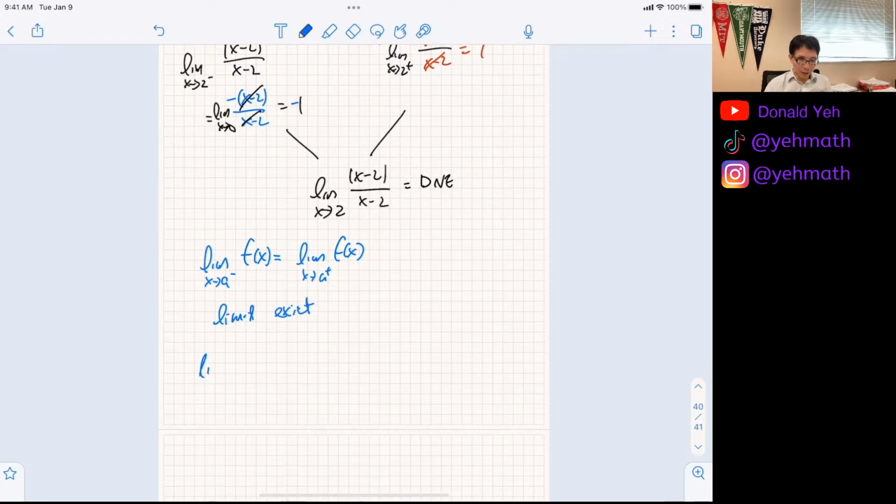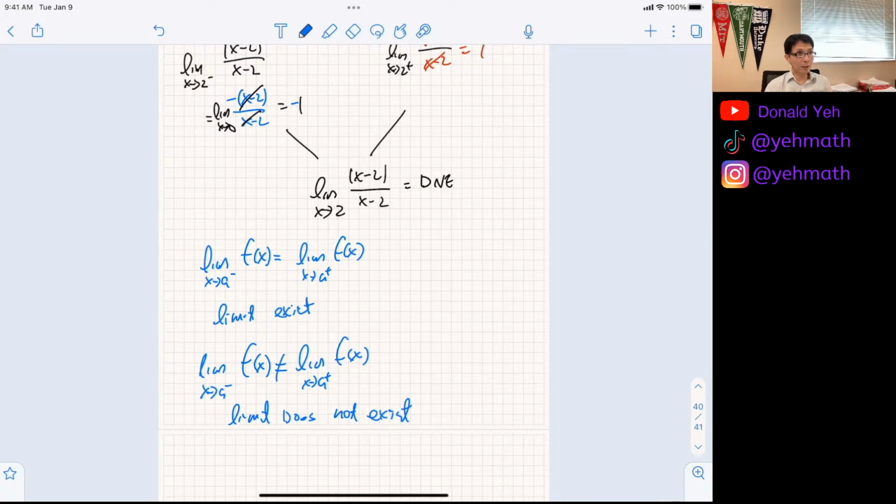Now what if the limit from the left does not equal the limit from the right? The limit does not exist. It's fairly straightforward. Left has to equal right when approaching.